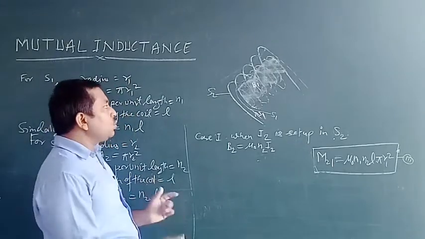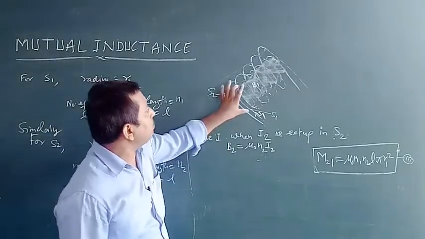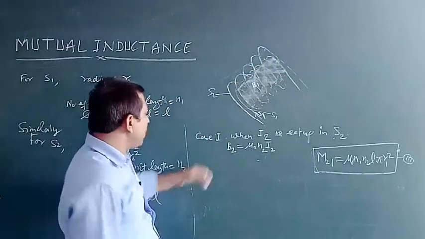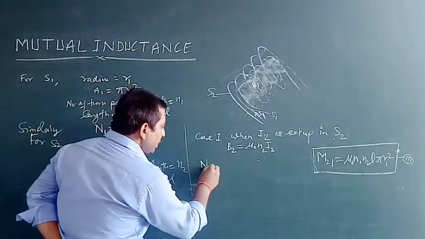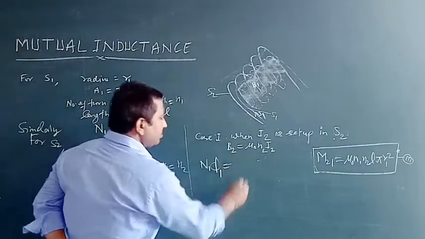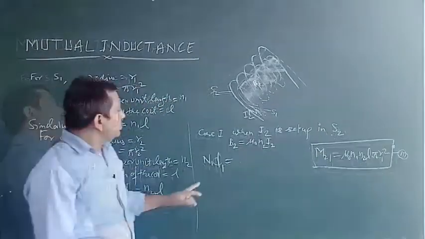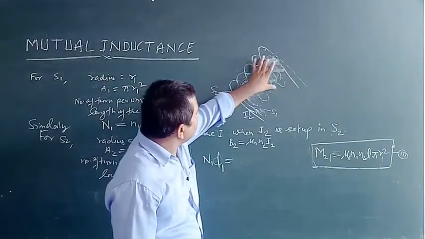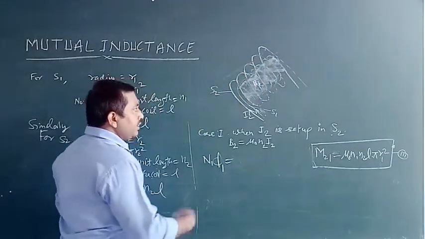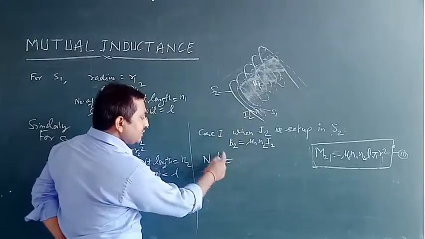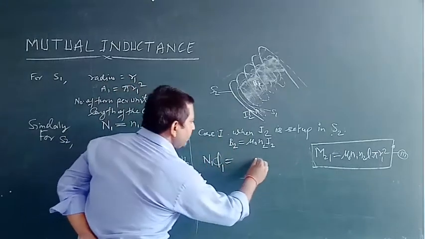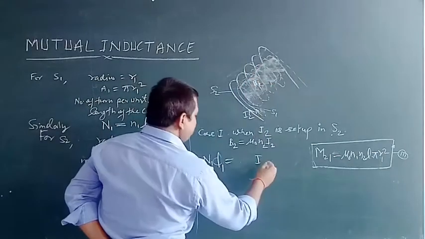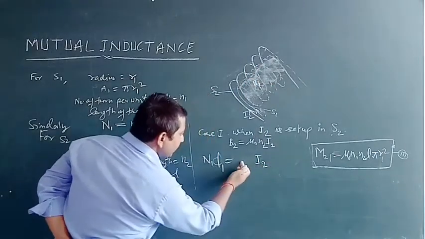Now as we want to calculate the value of the flux linkage to the inner coil, it means we want to calculate the value of N1 phi 1. This flux linkage will be given in terms of the current flowing in the second coil, that is I2, and a constant.